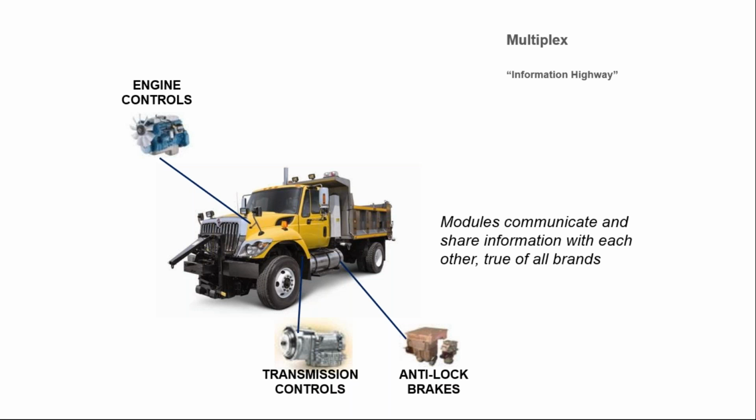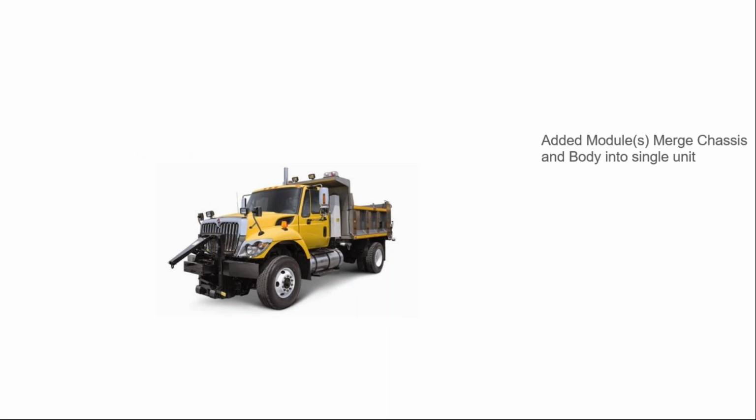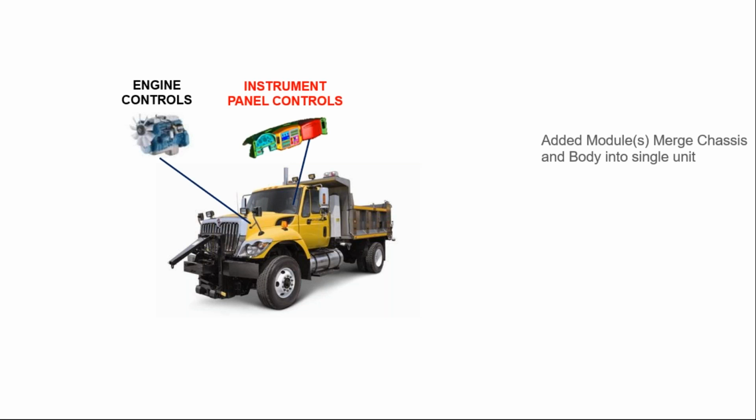So we have added modules we can put on these vehicles to integrate whatever our customers need, as I mentioned earlier, for pneumatic type or electrical outputs. And those can be controlled by switches in the dash. In the old days, prior to about 2017, our switches talked on a special switch data link.